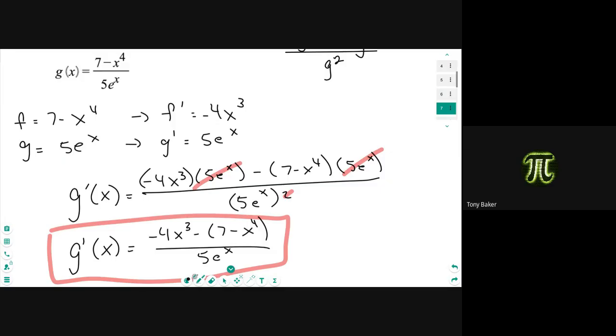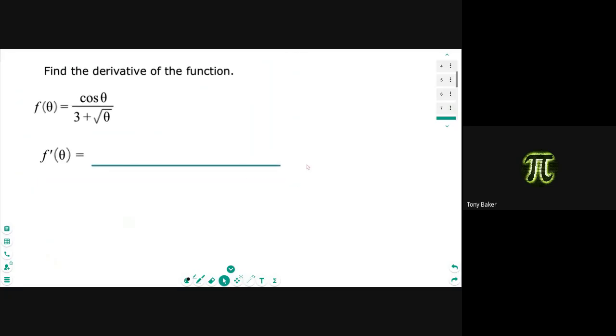Any questions on this one? Theta is no different than an x.